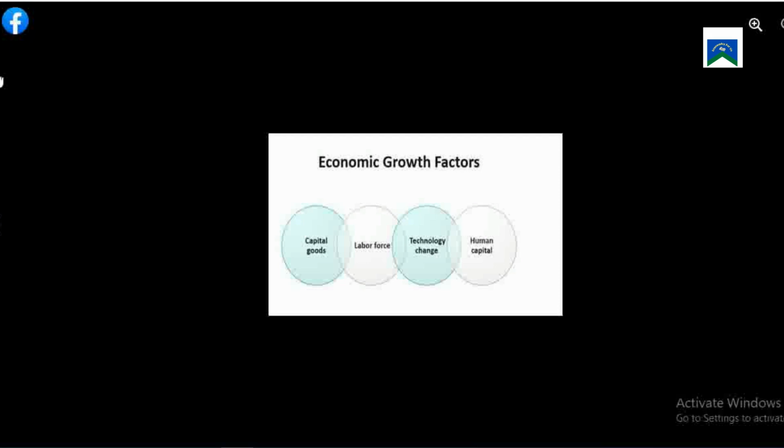In the next slide there is some information about the economic growth factors. So there are some factors that are needed for economic growth. The first one here is capital goods. Capital goods are normally the goods which are utilized for the production of goods and services. They are not the finished product.